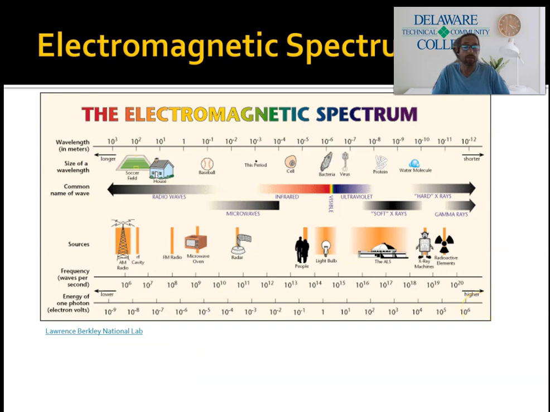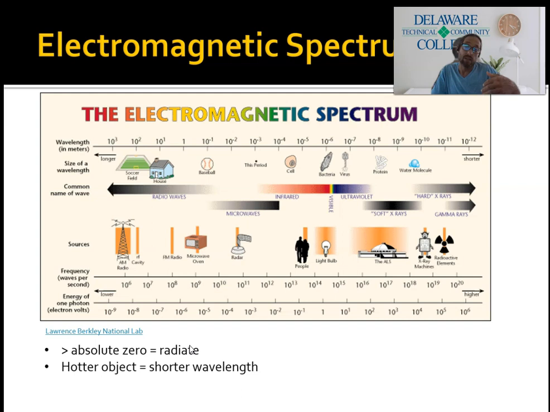And speaking of radiating, I don't expect you to know this whole electromagnetic spectrum. I just want to give you a sense of how it works. So remember, anything above absolute zero radiates. The hotter something is, the more intense the radiation, which means the shorter the wavelength, right? So here's the short wavelength up here, and then longer and longer wavelength here.